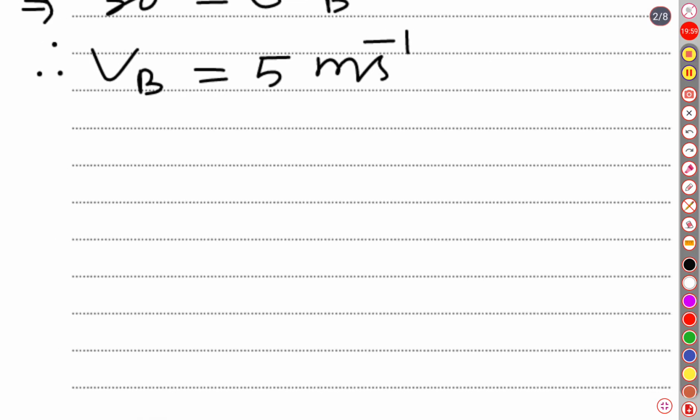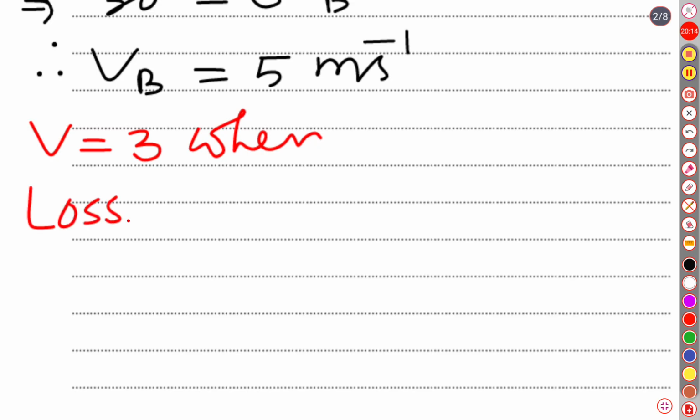The first case is when V of B equals 3. Loss of total energy.